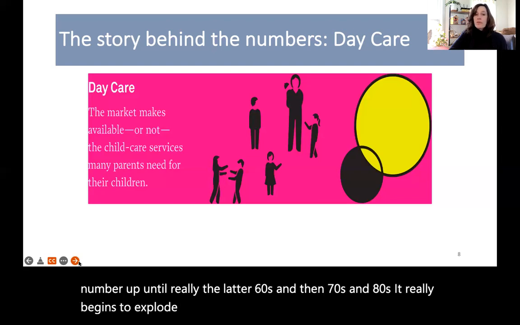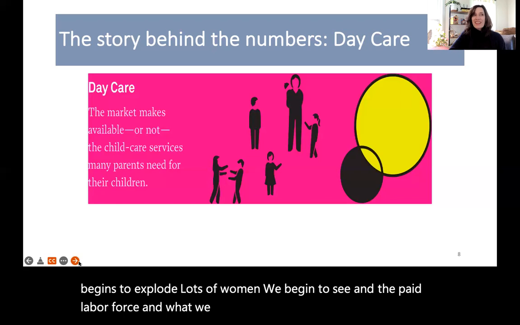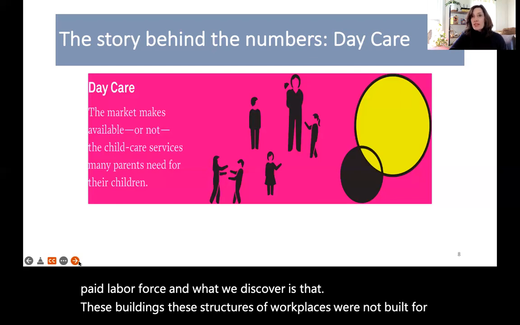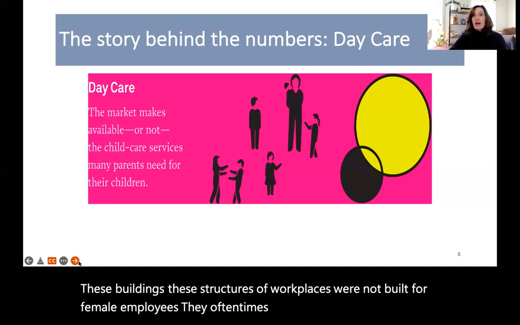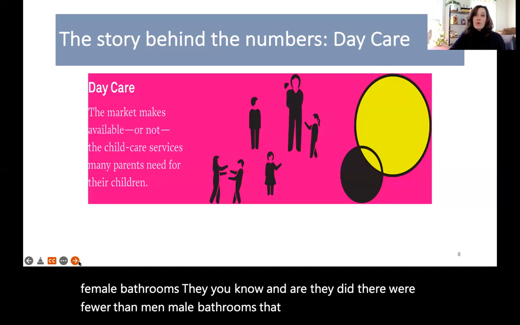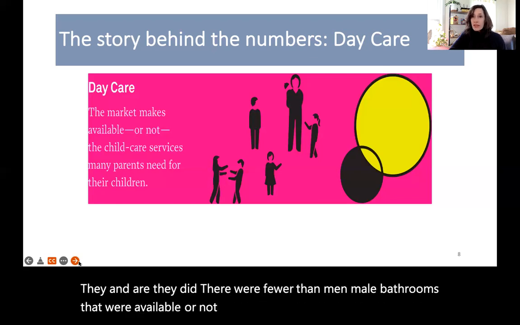Lots of women we begin to see in the paid labor force. And what we discover is that these buildings, these structures, of workplaces were not built for female employees. They oftentimes didn't have female bathrooms. And if they did, there were fewer than male bathrooms that were available, or not very conveniently located.